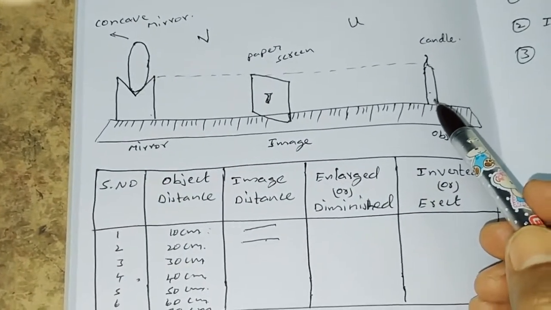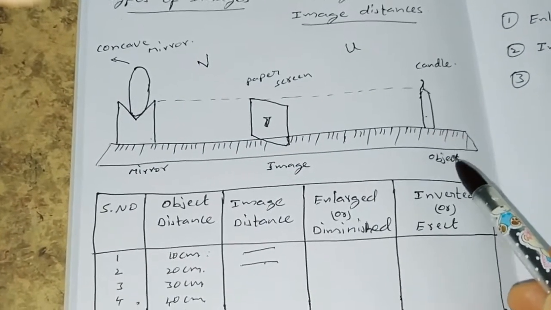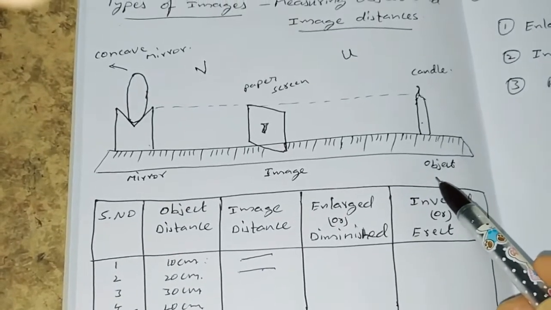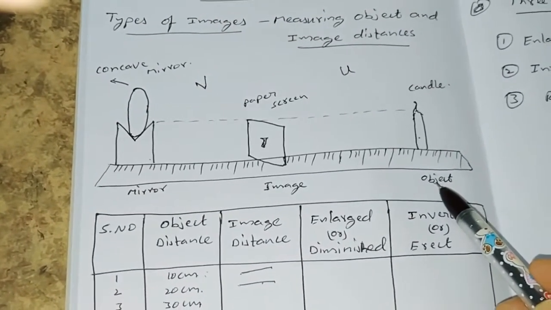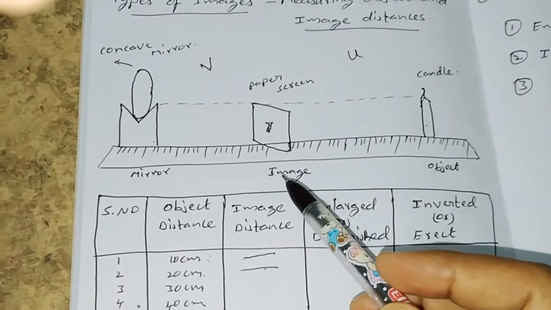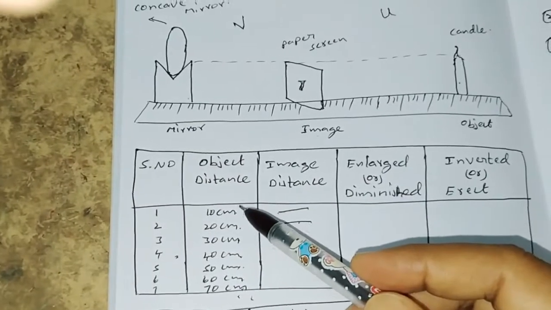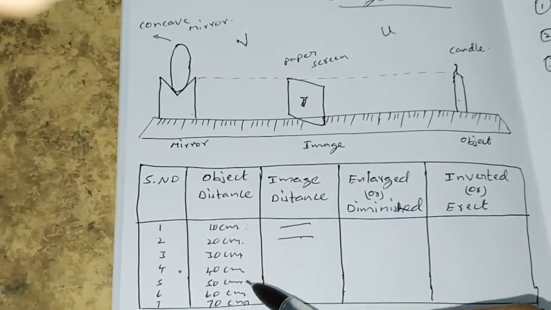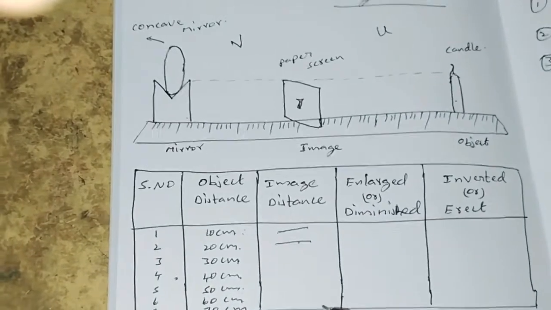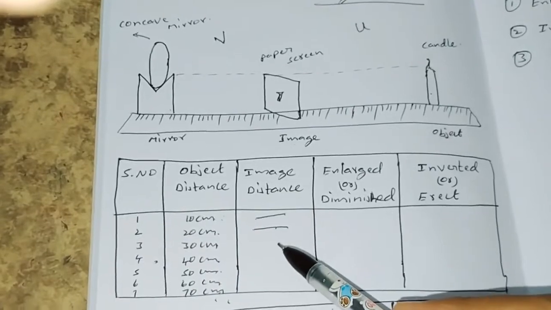Here the candle is acting as the object, so you have to keep the object at different positions. For different object distances, you have to measure the different image distance values. Like this we have to do this activity.